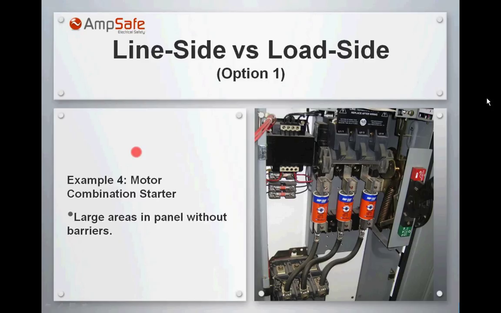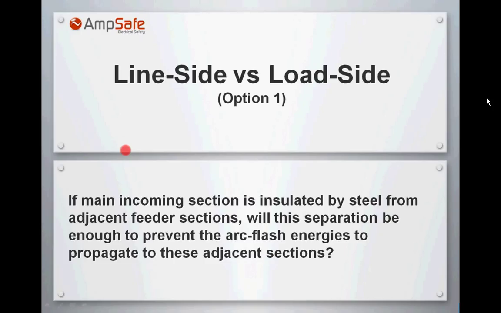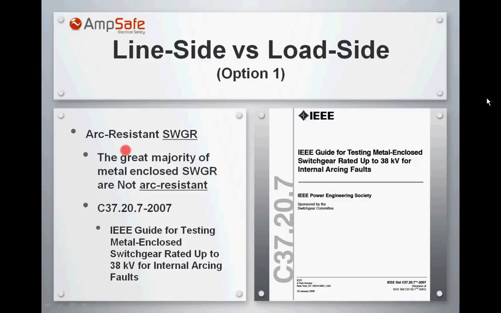Well, that's the question that the IEEE standard is also addressing, the standard that you see here, C37.20.7. This standard is for testing switchboards and switchgear that are supposedly arc resistant, resistant to internal arcing faults.